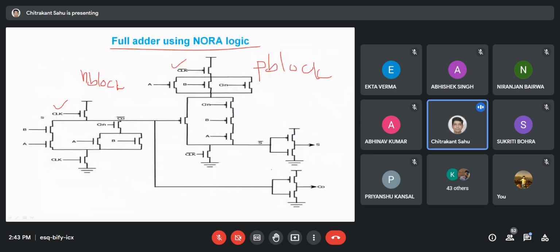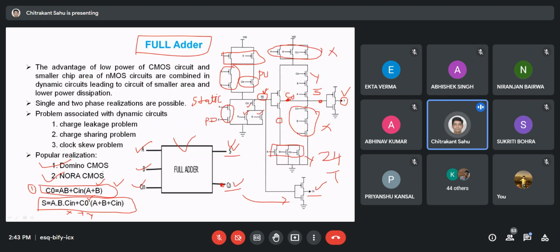So just see this network. This is an N block. The N block will consist of the clock, and the clock will always be there, and we have A, B, and C in. We required only pull down transistors. So whatever pull down network I have there, I'll just copy here.